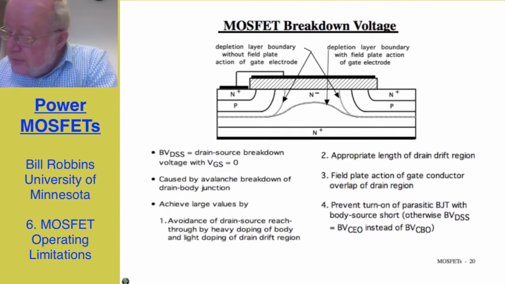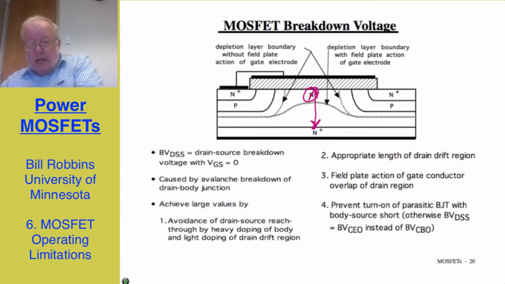The thickness of the drift region, which I'm indicating here, and the doping density N minus is determined by what the breakdown voltage rating for the MOSFET is.